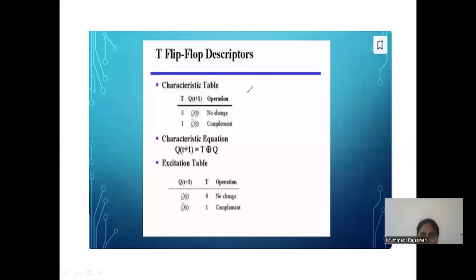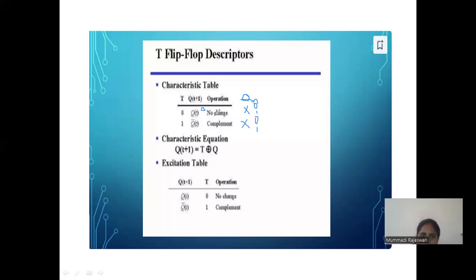The present state Q(t) can be X, that is, 0 or 1. When the present state is 0 and T is equal to 0, that is the no change condition, so the next state is 0 only.